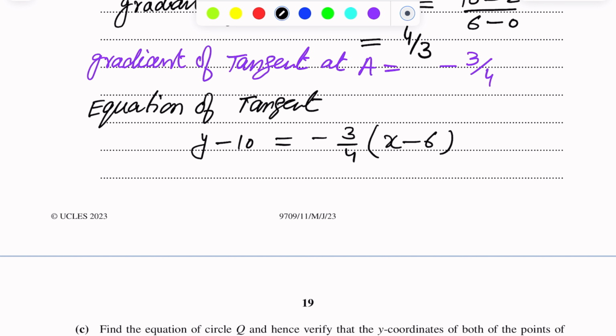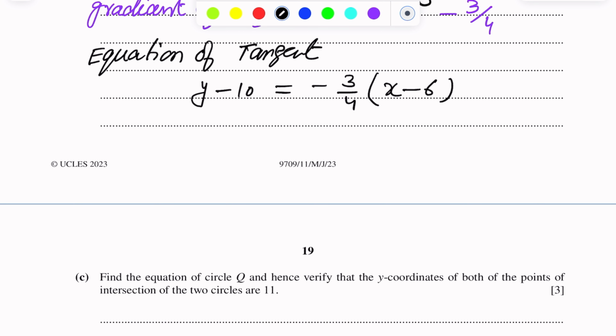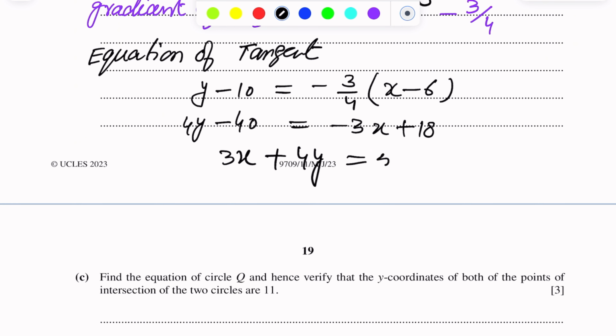Now we simplify it by cross multiplying: 4 into y minus 10 and 3 into x minus 6. So we get 4y minus 40 is equal to minus 3x plus 18. Further simplifying, we get 3x plus 4y is equal to 58. This is the equation of the tangent at A.